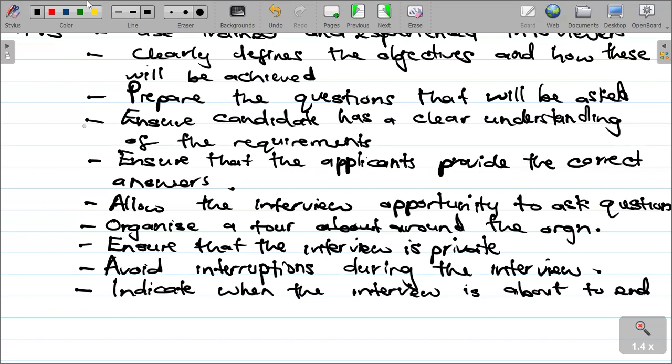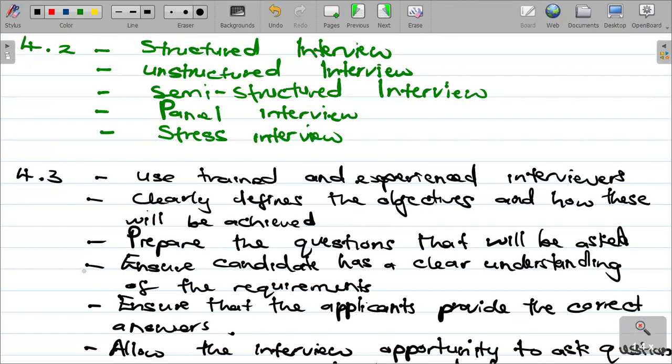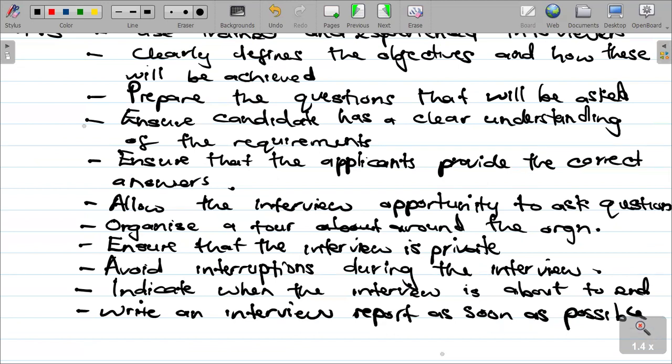You're supposed to write an interview report as soon as possible, especially in case you are interviewing more than one person.